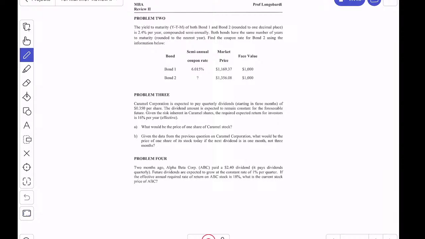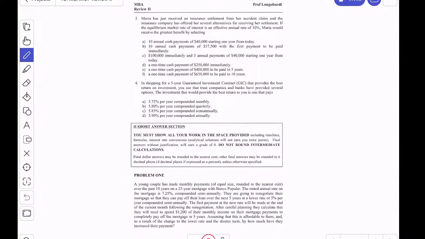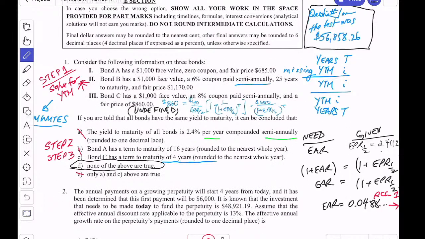Let's do number 2 together, and then we'll do the other one.